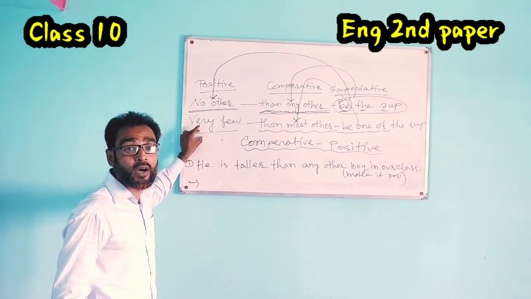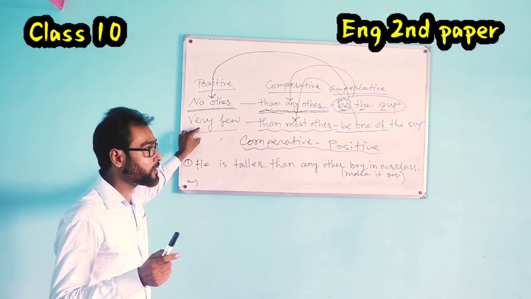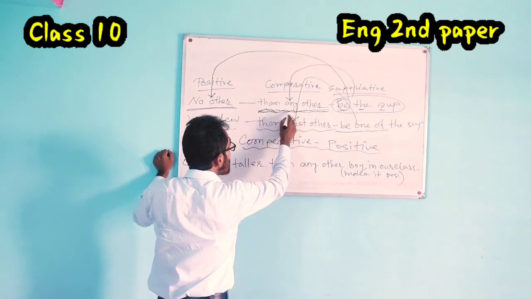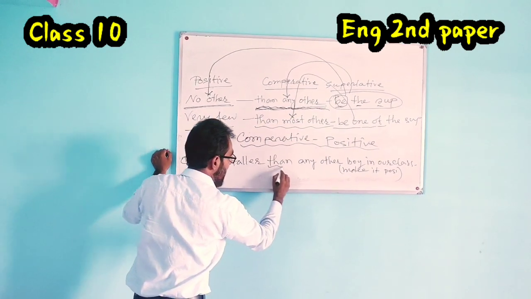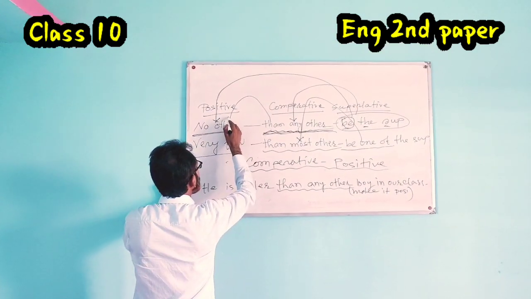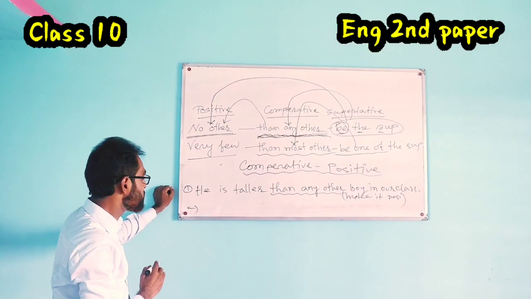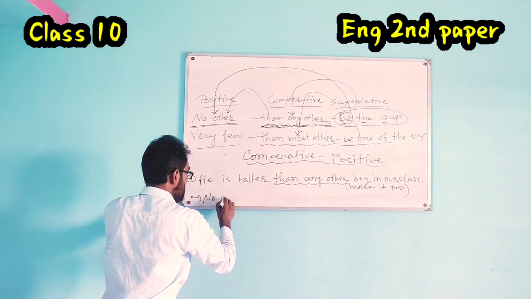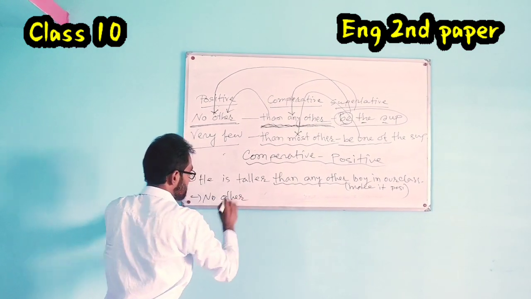Either of two, what will you take? We know if the sentence has than any other, then we need no other. So at first we take no other.